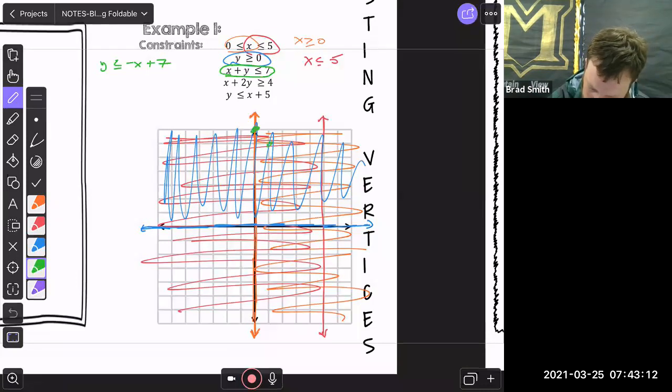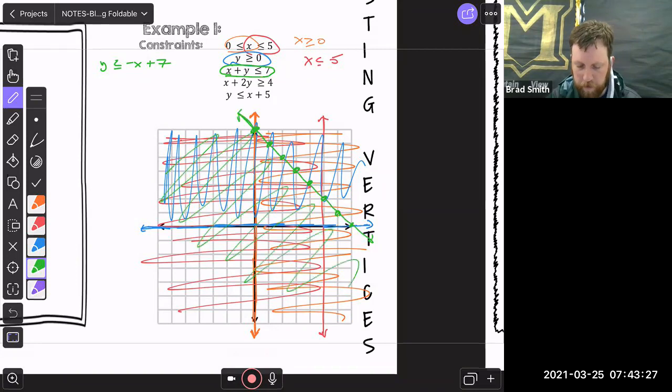I'm going to go negative x, so down 1 over 1, down 1 over 1. And you've got your line. And it's less than, so this is everything over here. You can start to see I'm forming a region.